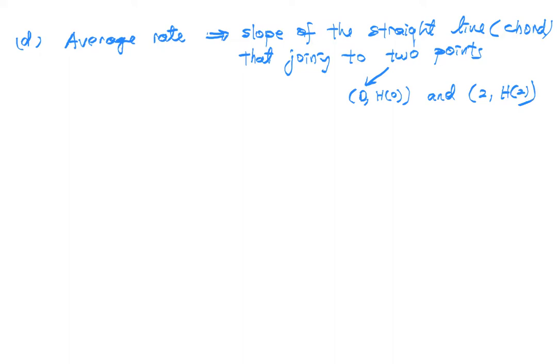So the average rate of change will be equal to H(2) minus H(0) divided by 2 minus 0. Remember that. Your SAT2, definitely there will be one part on that to test your understanding of the average rate of change. Clear?